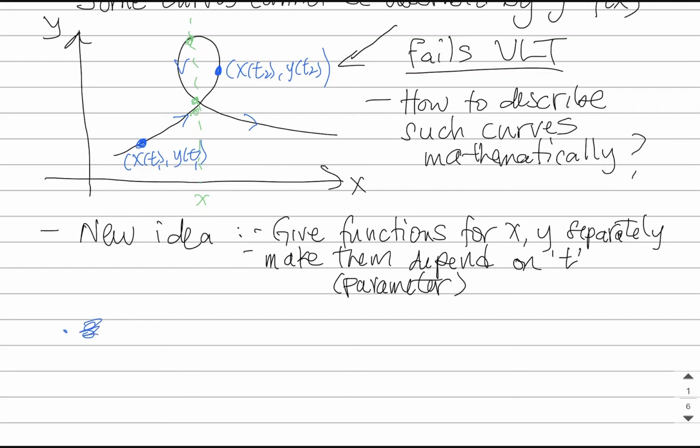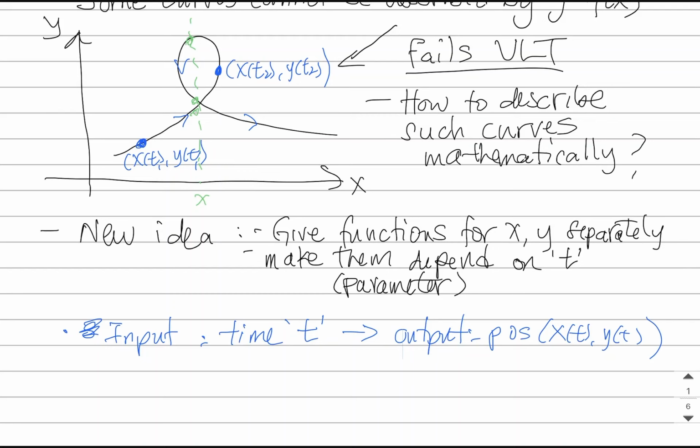So the input here would be time values, t, and then the output would be position, the x and the y coordinates separately. And in this way, each of x and y are a function of time. But what it doesn't prevent you from doing is being in the same position in space at different times.